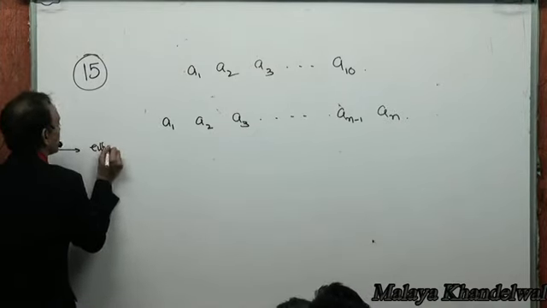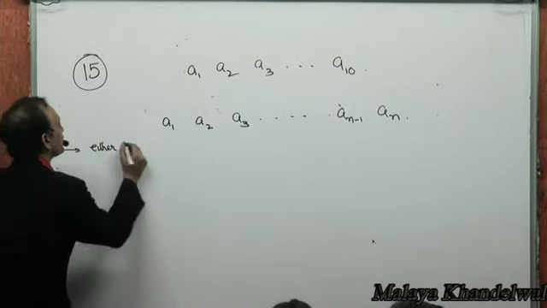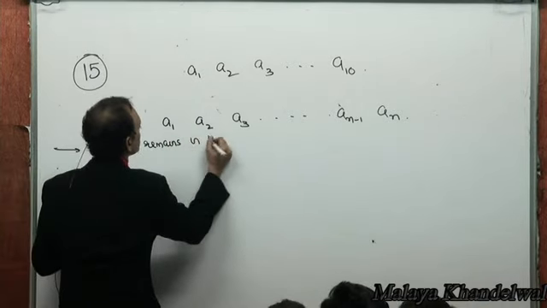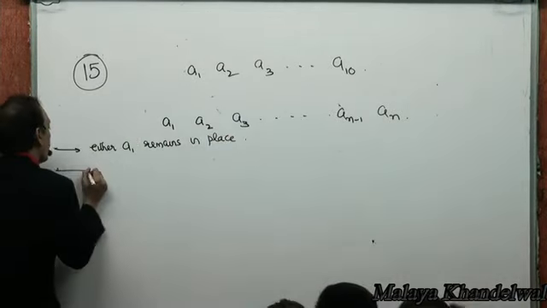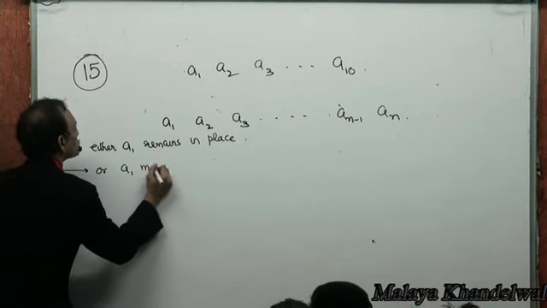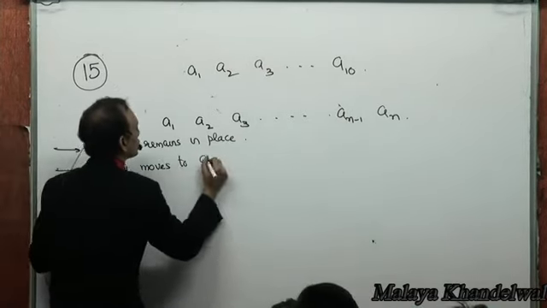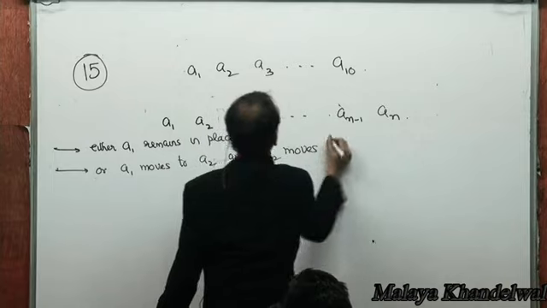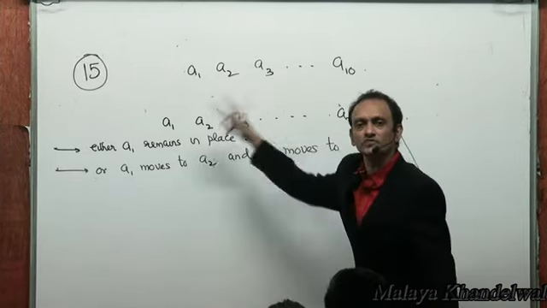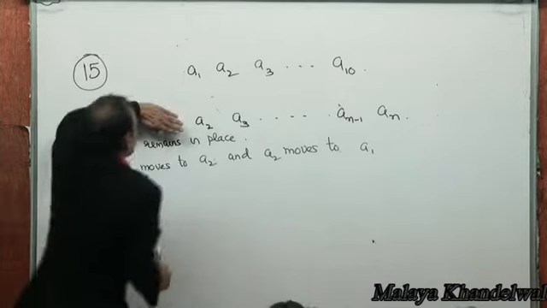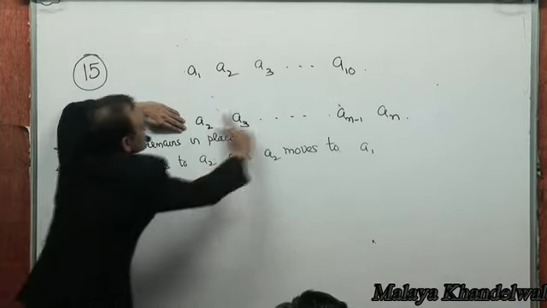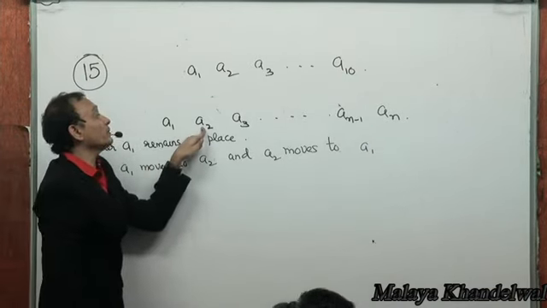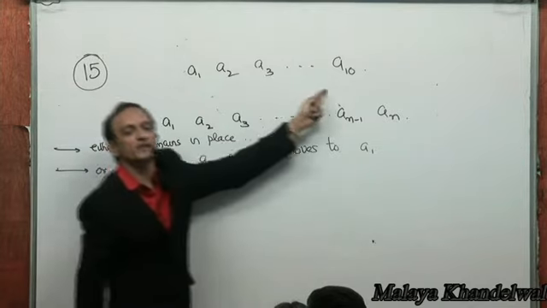In any rearrangement, either A1 remains in place, or A1 moves to A2's position and A2 moves to A1's position. Either A1 is in place and the rest are moved commensurate with the original condition, or A1 and A2 swap, and the rest could be arranged in any number of ways.